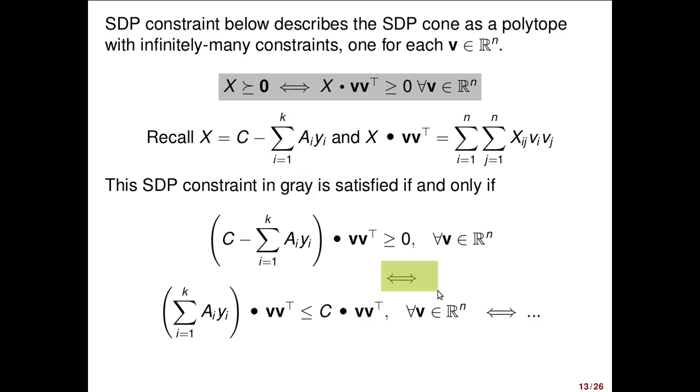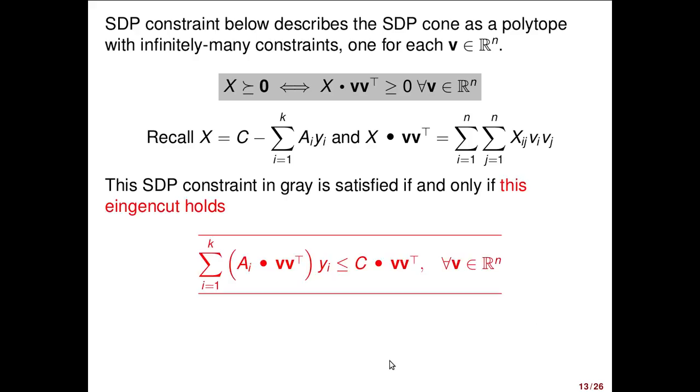By simply rearranging the terms, I can write it this way, and then I obtain that the matrix is SDP if this eigencut holds for any column vector v. And here I have the big dot operator on the right hand side, and here each variable yi is multiplied by this value.